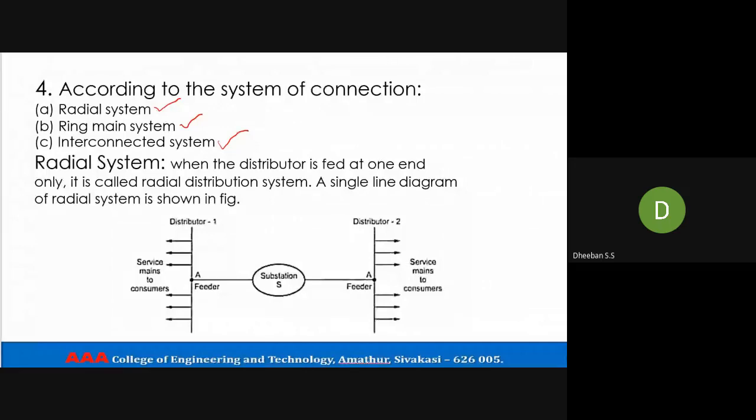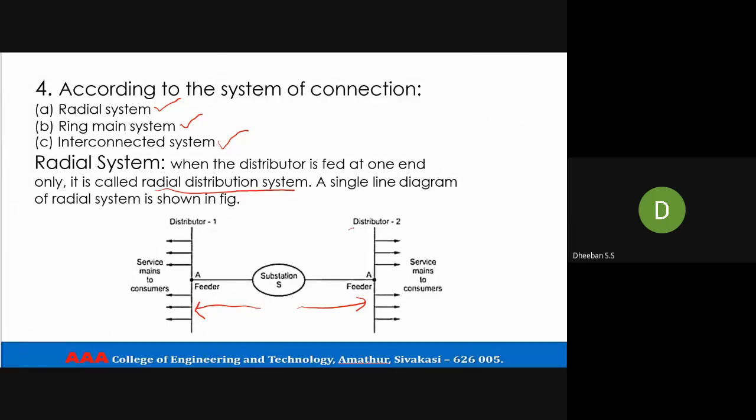Starting with this: when the distributor is fed at one end, it is called a radial distribution system. This is the single line diagram. Here you can see the distributor is directly fed from the substation.